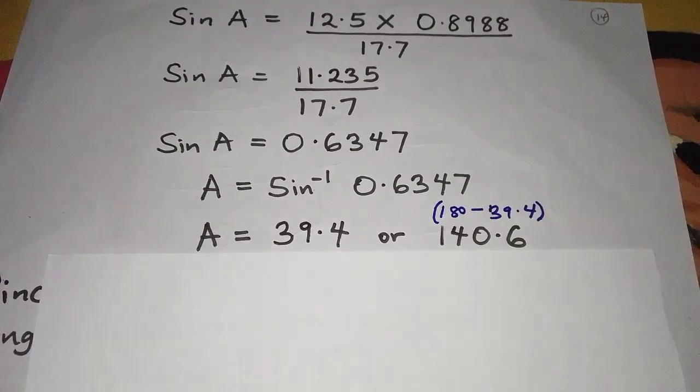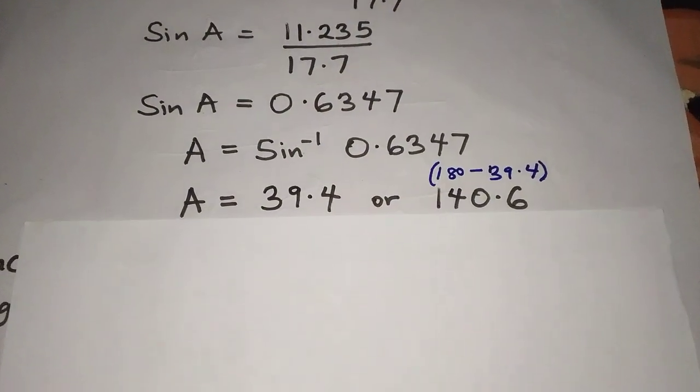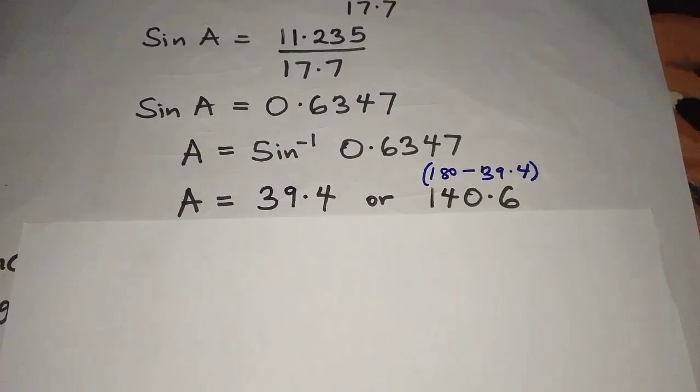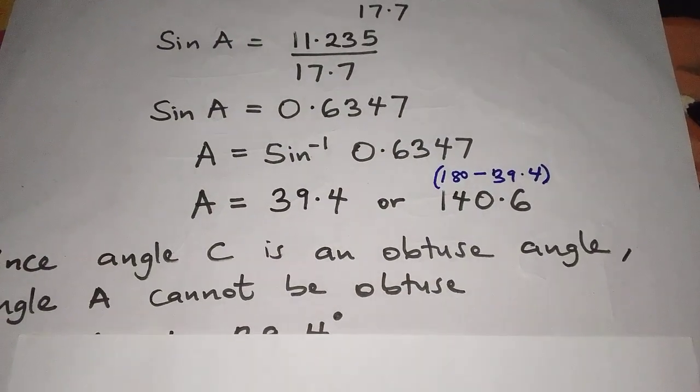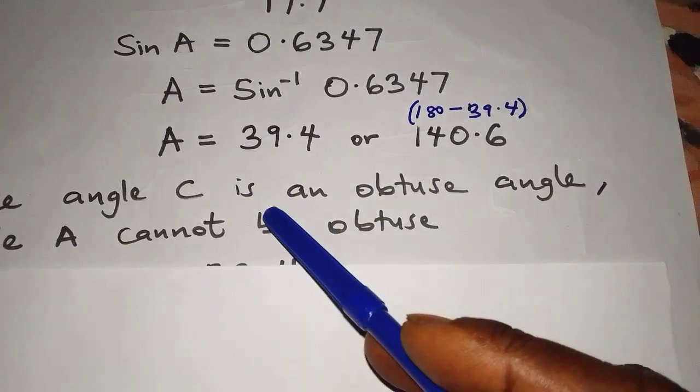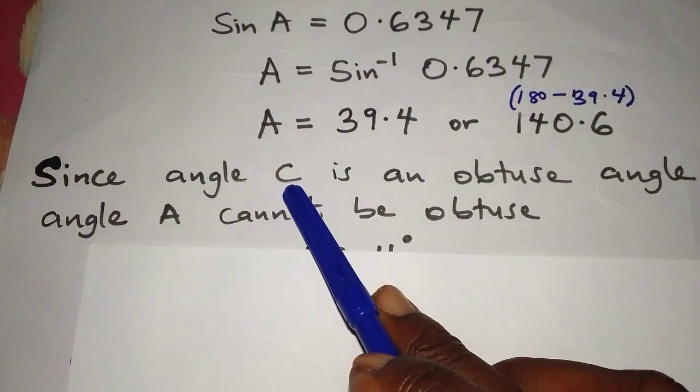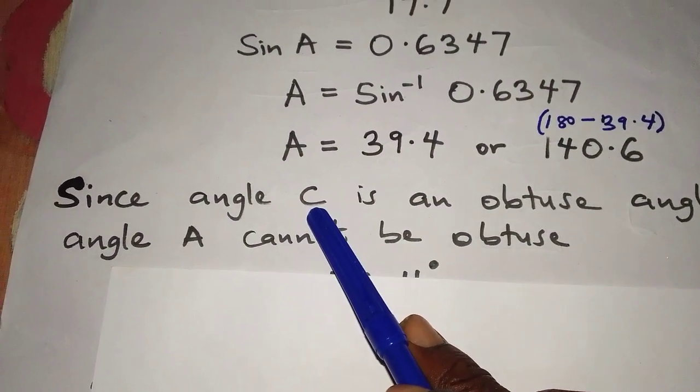Because of that, the only applicable answer in this question will be 39.4, since angle C is an obtuse angle, greater than 90 degrees.